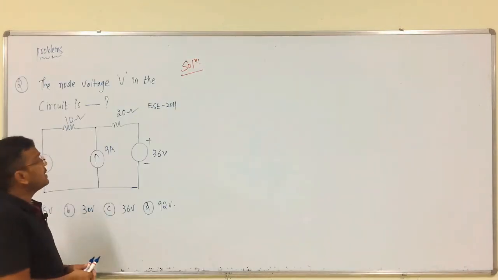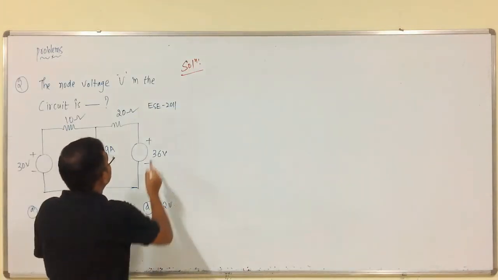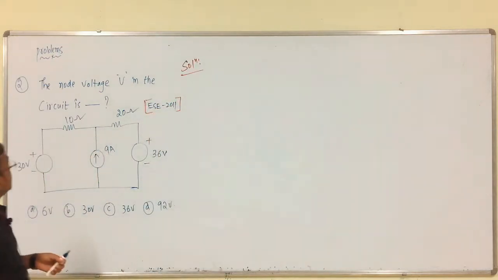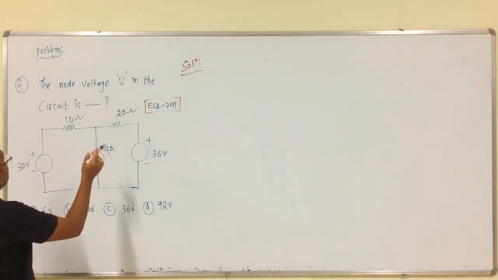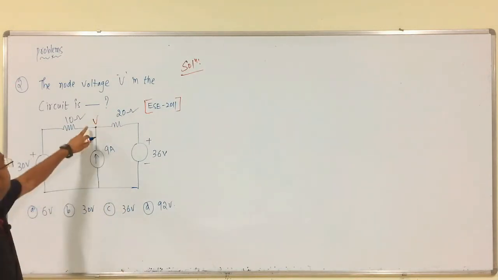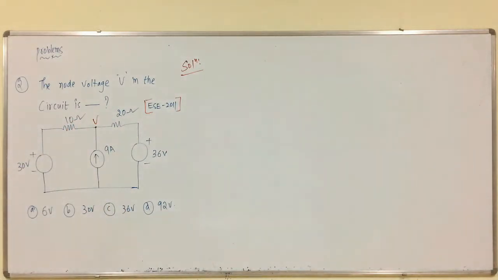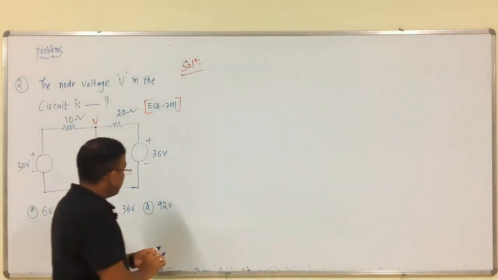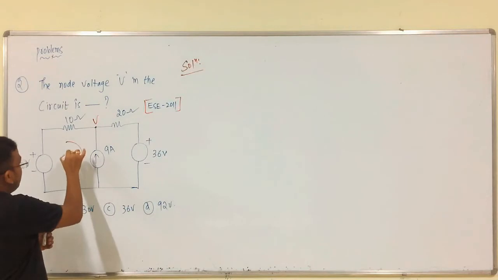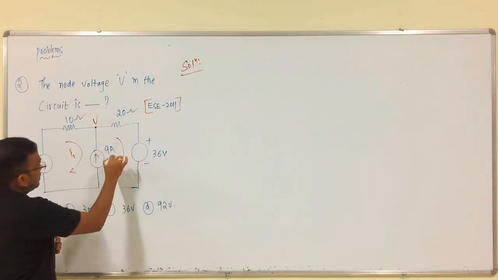Next problem is ESC 2011 problem. From this we can calculate the node voltage V. This is the node voltage. We have to calculate the node voltage V in the circuit. We all know that at this node, this is I1, this is I2, right?